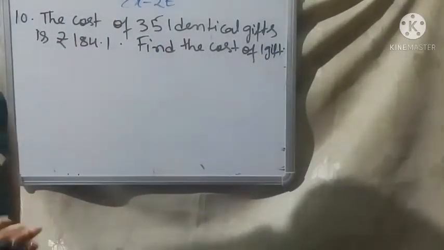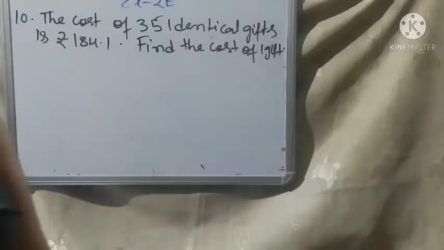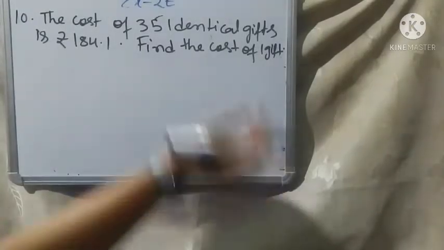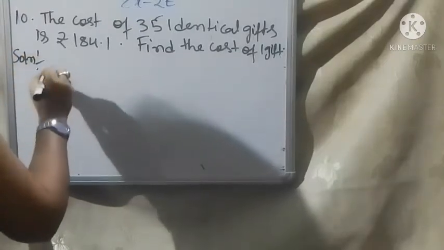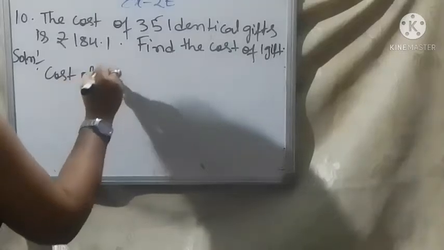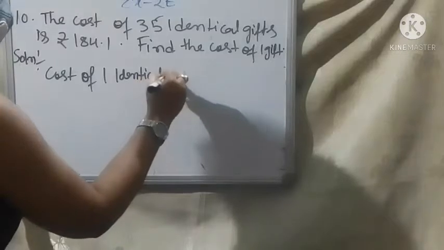Okay, if I ask you the cost of 35 chocolates is rupees 150, then what will be the cost of one chocolate? 150 will be divided by 35. The same way, you will write the solution. What is the cost of one identical gift?